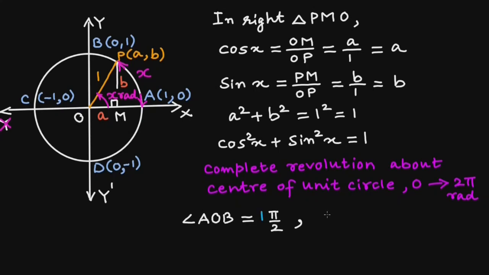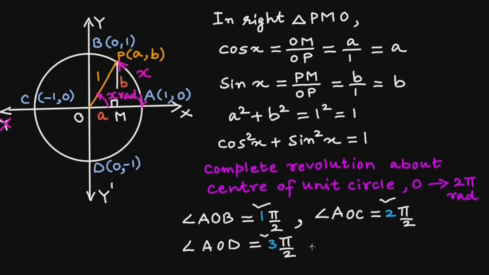Half of this revolution will be angle AOC, which will be 2 right angles, that is 2 pi by 2. 3/4 of this revolution will be angle AOD, which will be 3 right angles, that is 3 into pi by 2. Since these angles are integral multiple of pi by 2, they are known as quadrantal angles.